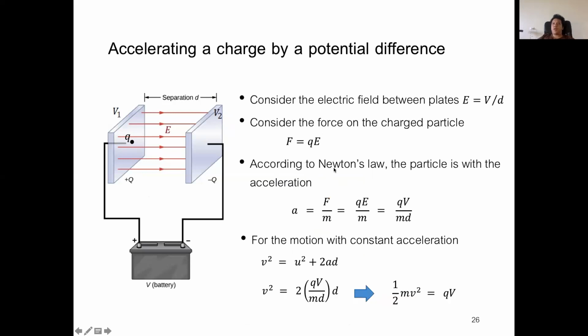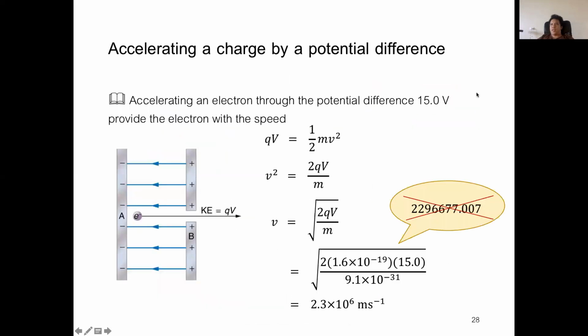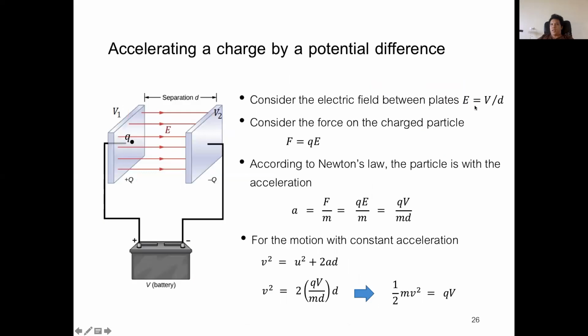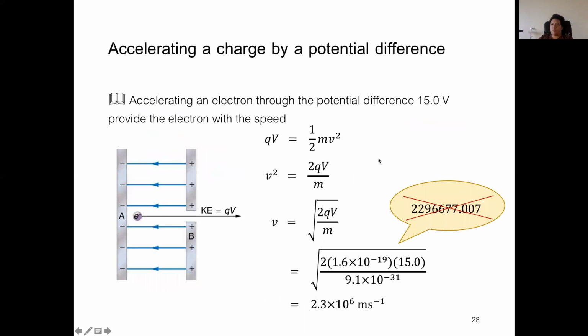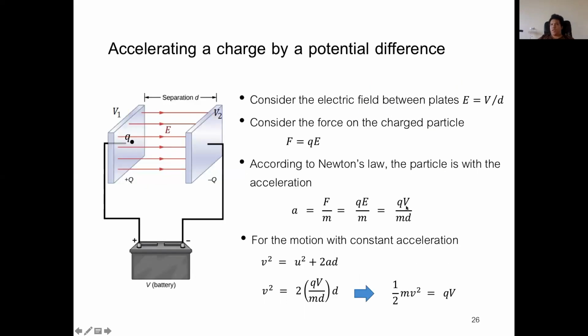You can also try to derive the same relationship using Newton's law. We have the relationship between E, V, and D, and we have F equals QE. So you can find the acceleration in terms of V and M. Acceleration is F over M, so F equals MA, and F equals QE, and E equals V over D. So this is what you get.